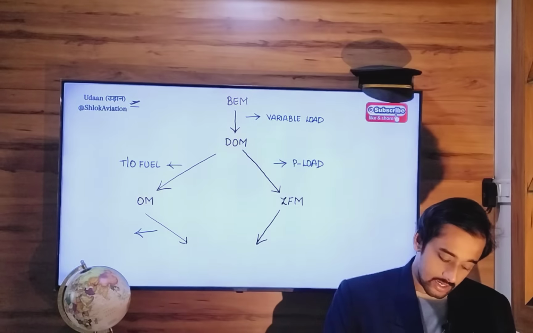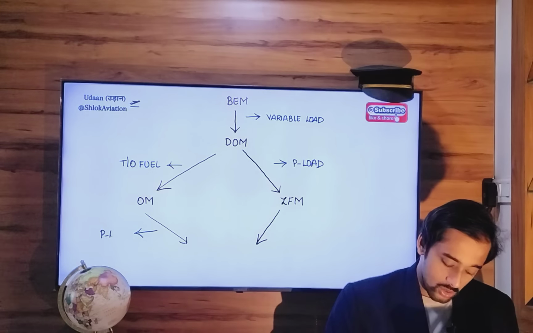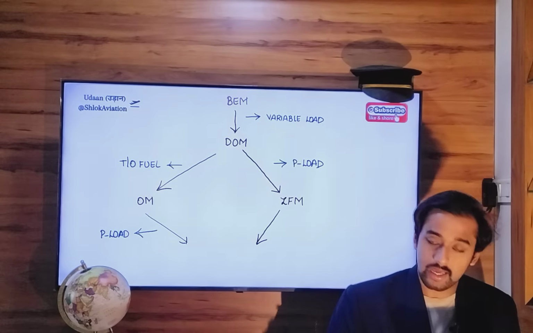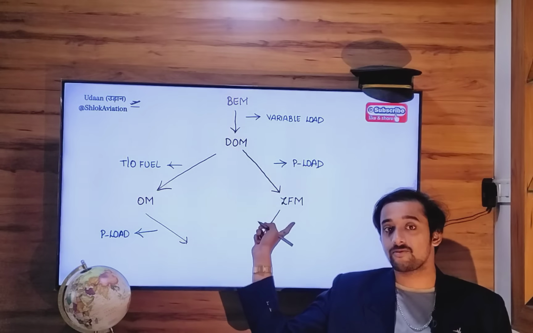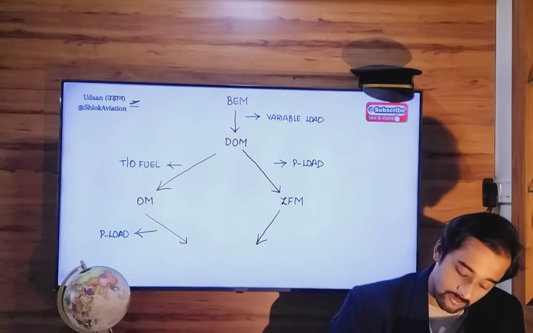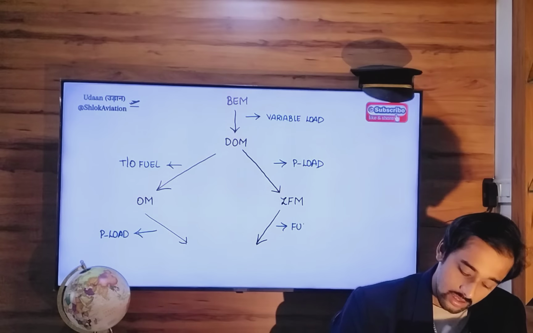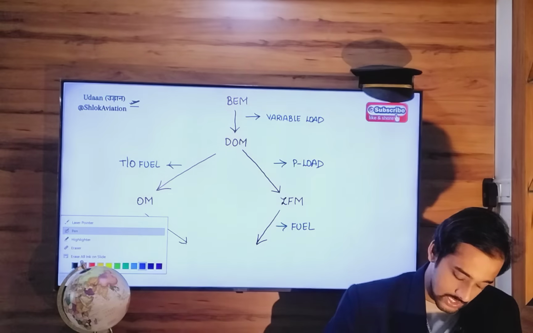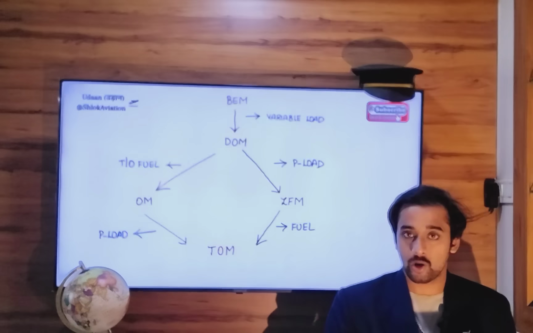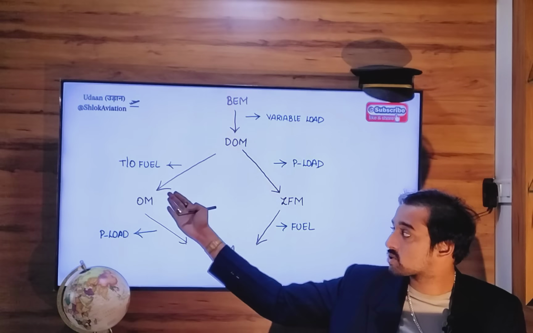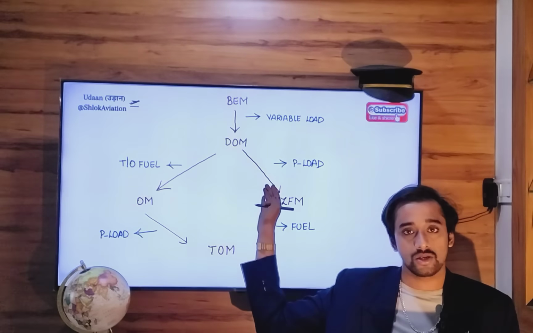So after adding traffic load or payload to operating mass, and in case of zero fuel mass, you have payload, you do not have fuel. So now is the time to add fuel. In both cases, you get the same quantity, that is takeoff mass. So you may get takeoff mass by following this course or this route.